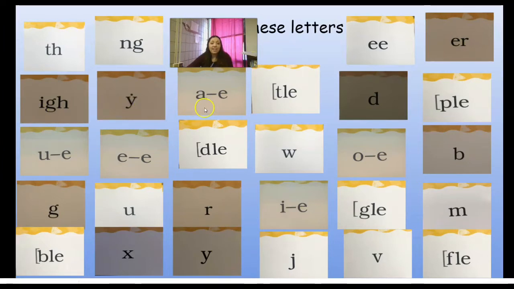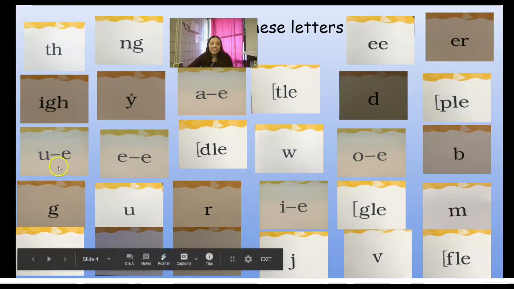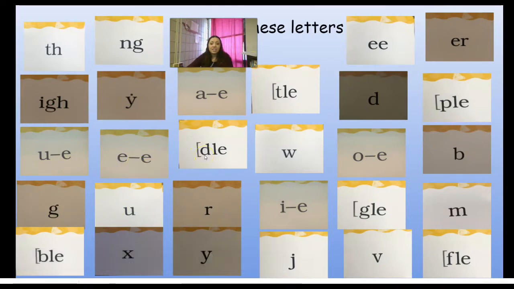vowel Y. A consonant E. Final syllable TLE. D. Final syllable PLE. U consonant E. E consonant E. Final syllable DLE.